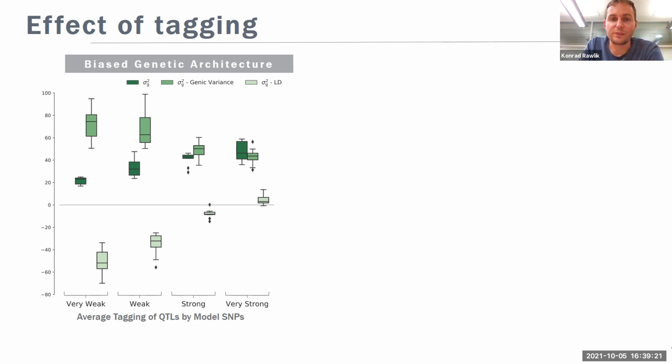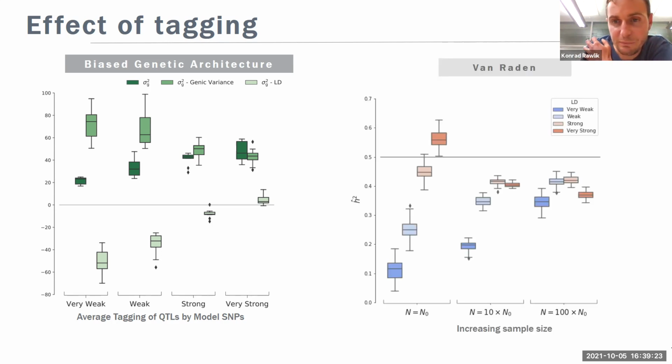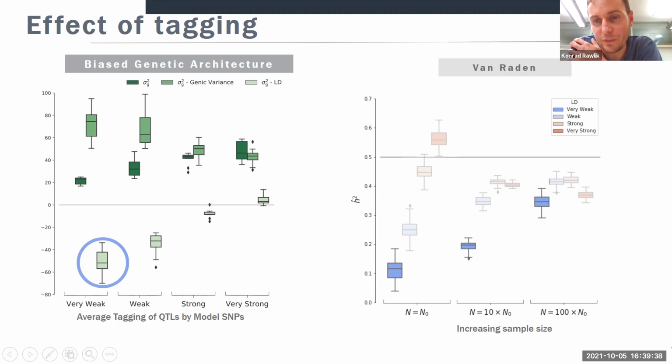And if we do the same thing of estimating for different sample sizes, we see exactly what we would predict. In the very weak scenario with the negative contribution from LD, you see increasing estimates of heritability with sample size.